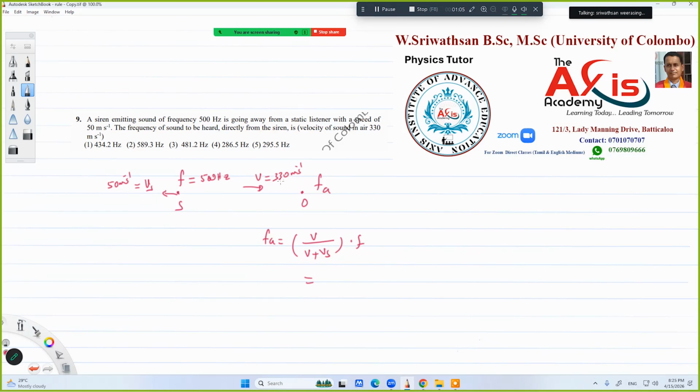Now if you substitute, 330 over 330 plus Vs, which is 50, into the natural frequency given as 500, and solve this, the answer will be 434.2 hertz. Is there any answer like 434.2 hertz? Option number 1.